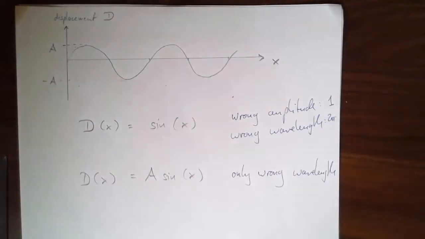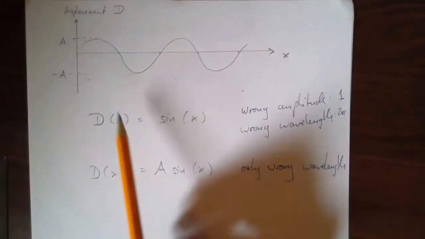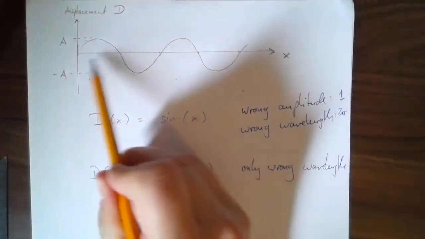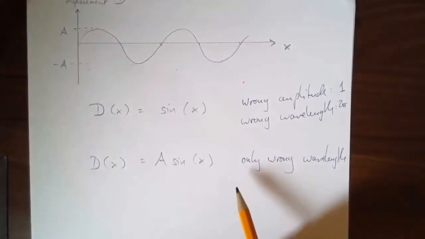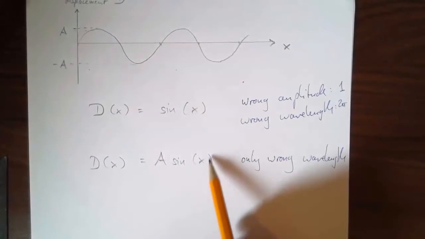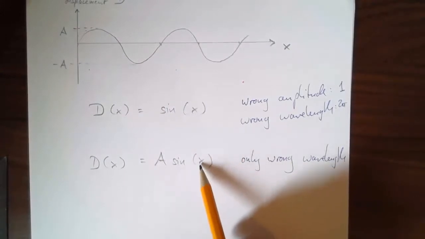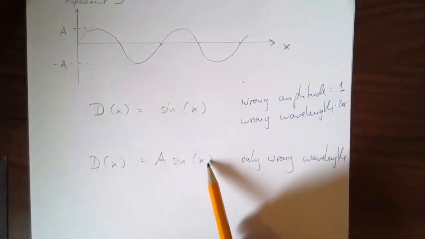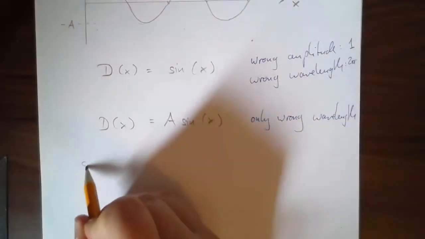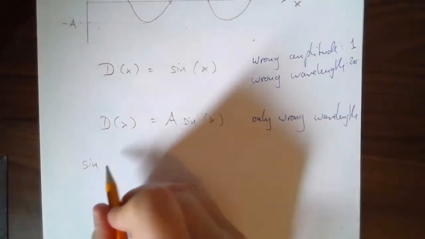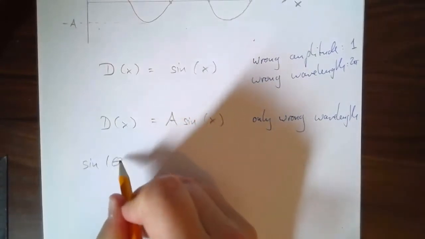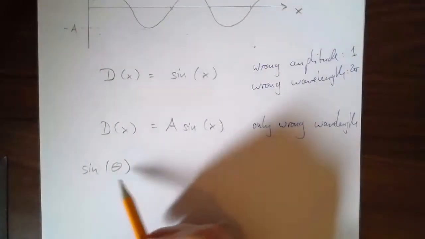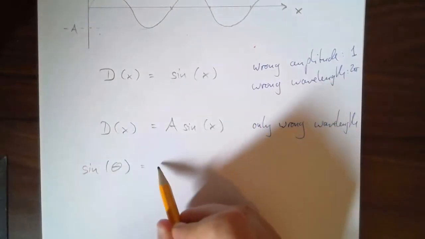So how do I fix that? Well, here's my thinking, right? The sine function reaches one full cycle when the thing inside the sine function is 2 pi. Right? Let me write this down. Sine of something, let me call this something theta, because it's sort of like an angle.